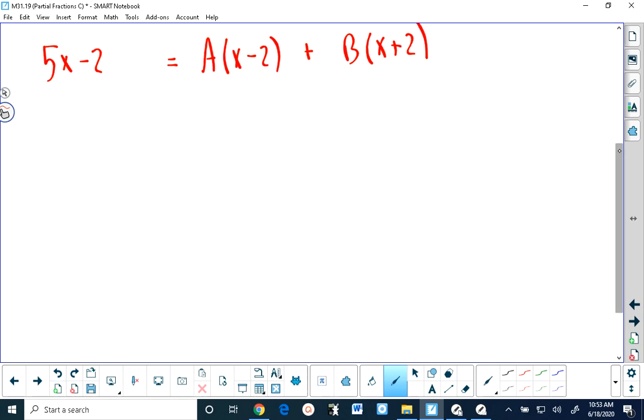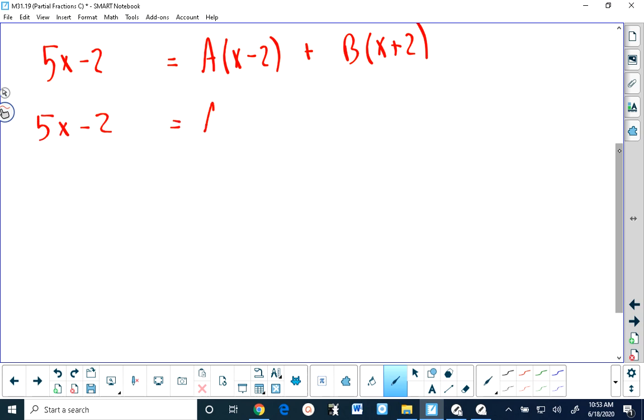In order for me to find a and b, I could take a shortcut here, which is to let x equal 2 and then solve for b, and then let x equal negative 2 and then solve for a. I'm not going to do that. I'm going to use the more analytical approach, which is to expand everything out.